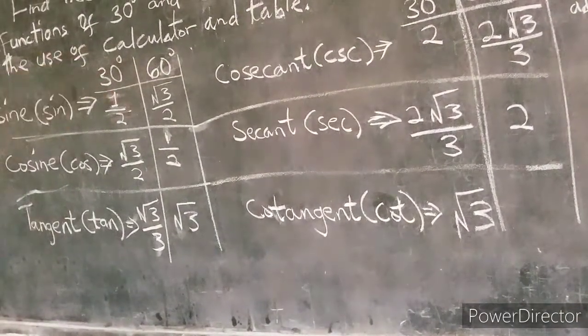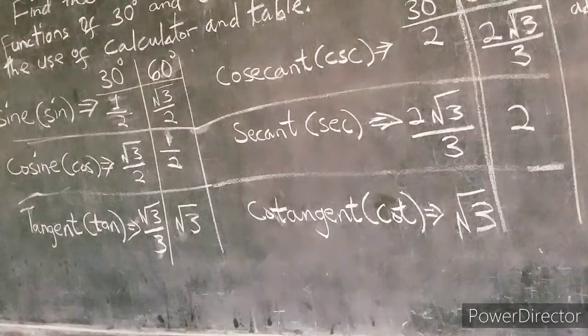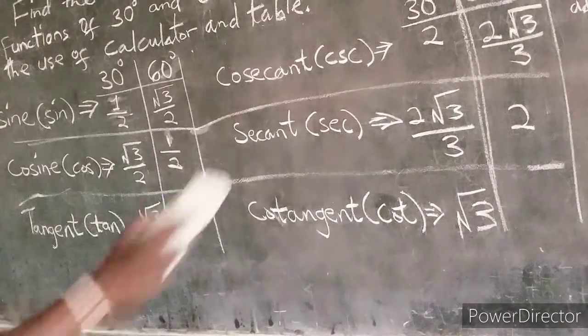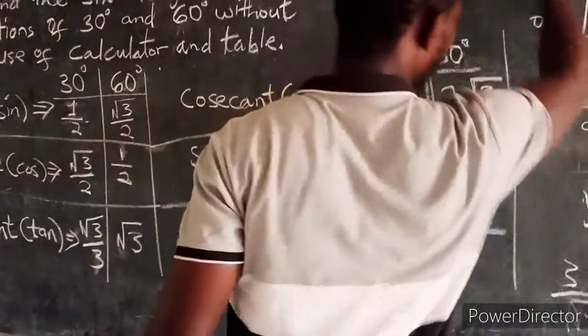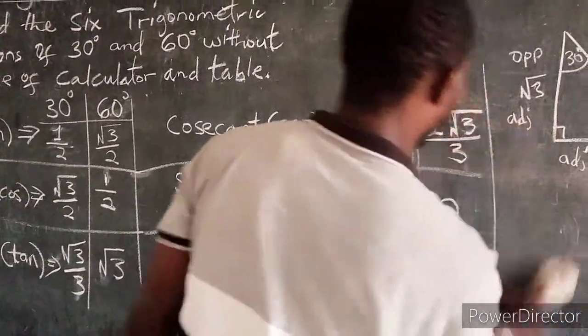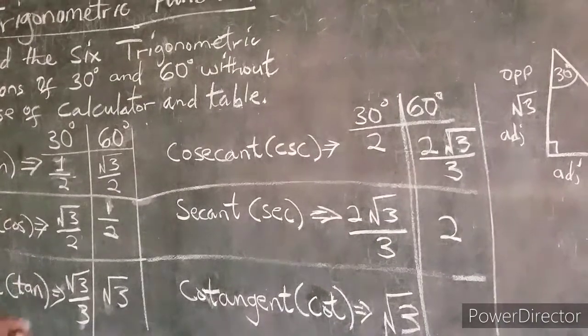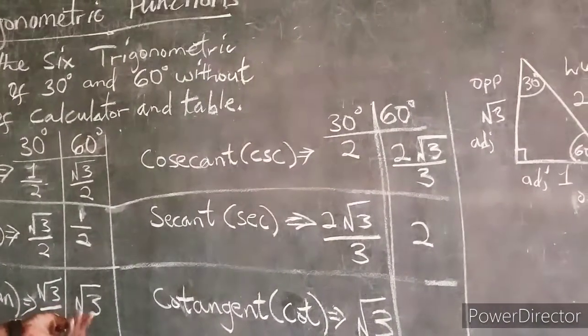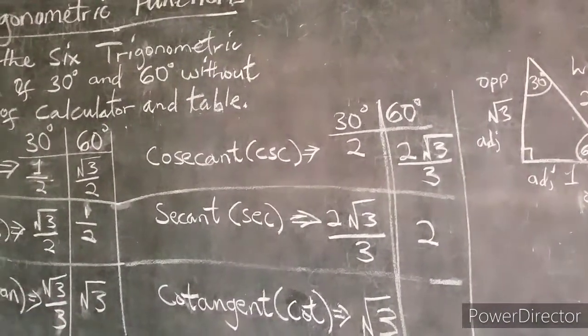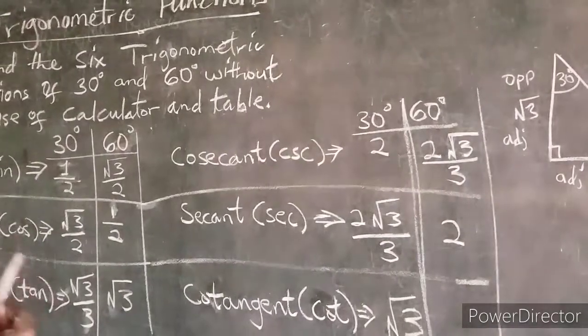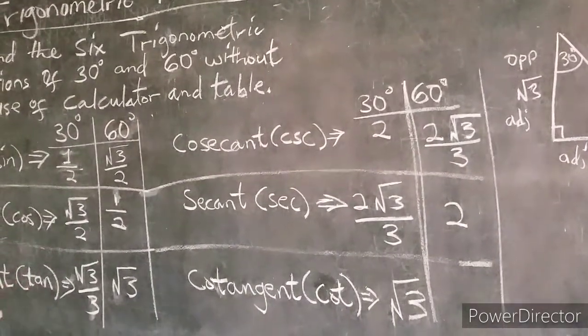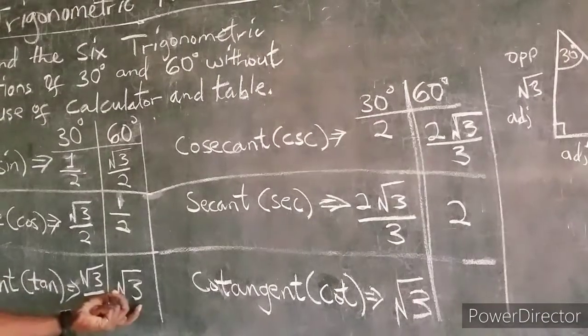Then we come to cotangent 60 degree. So cotangent 60 degree, let me erase up here so you can see our problem clearly. Cotangent 60 degree is the opposite of tangent 60 degree.